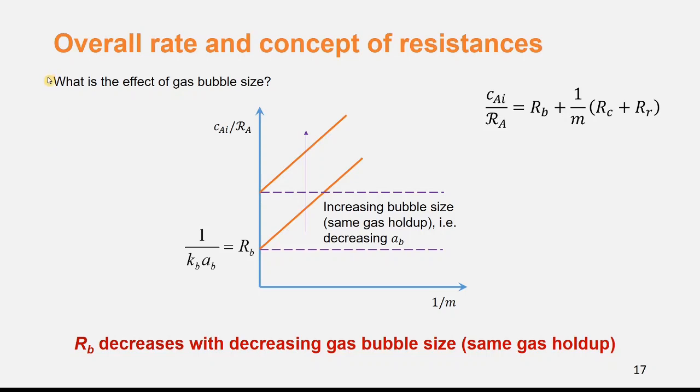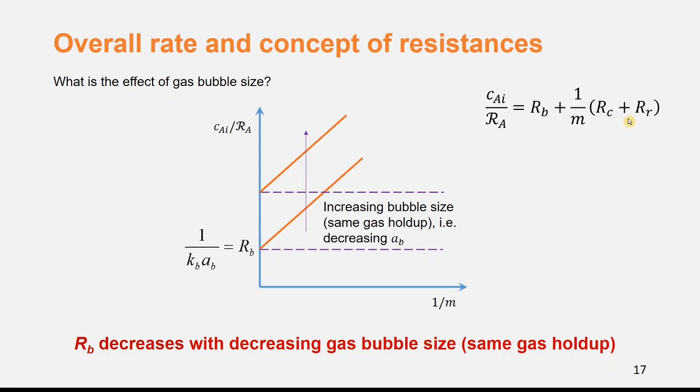We can also explore the effect of the gas bubble size using this equation. Now, we can do 2 different experiments with different gas spargers that produce different bubble sizes and see the effect on the resistances. As you can see, the 2 slopes are the same because RCR, which is the slope of the plots, does not depend on the gas absorption.